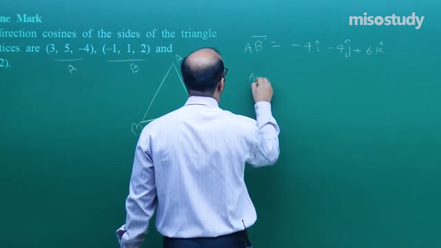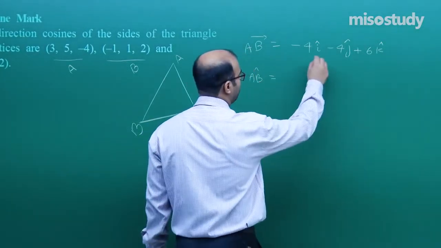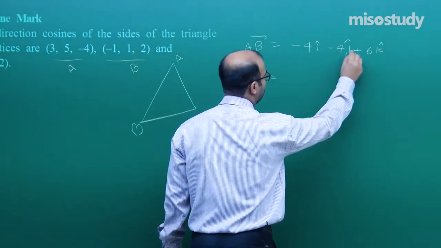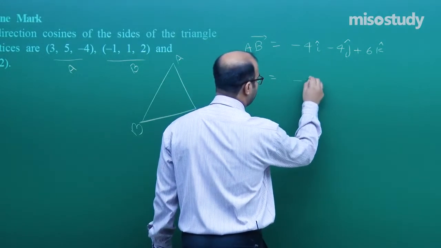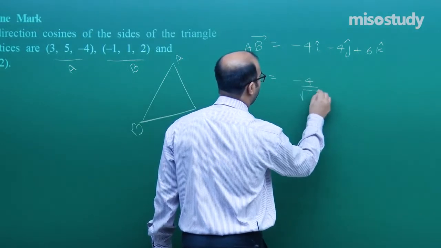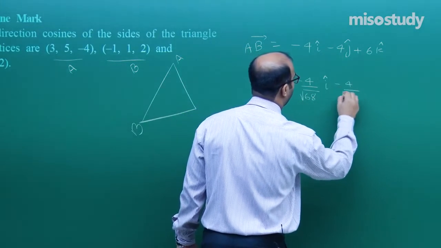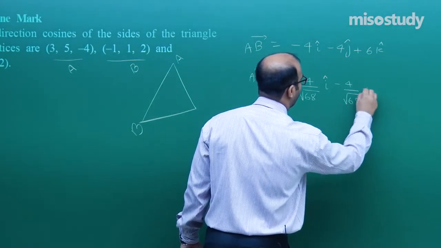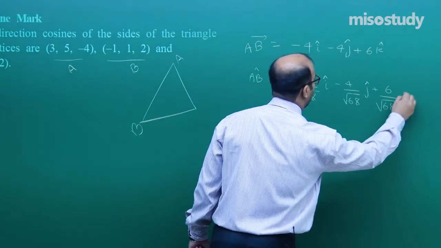If we want the unit vector along the direction of this side, we get 16 plus 16 is 32, plus 36, that will be 68. So, we can say minus 4 upon root over 68 i cap, minus 4 upon root over 68 j cap, plus 6 upon root over 68 k cap.